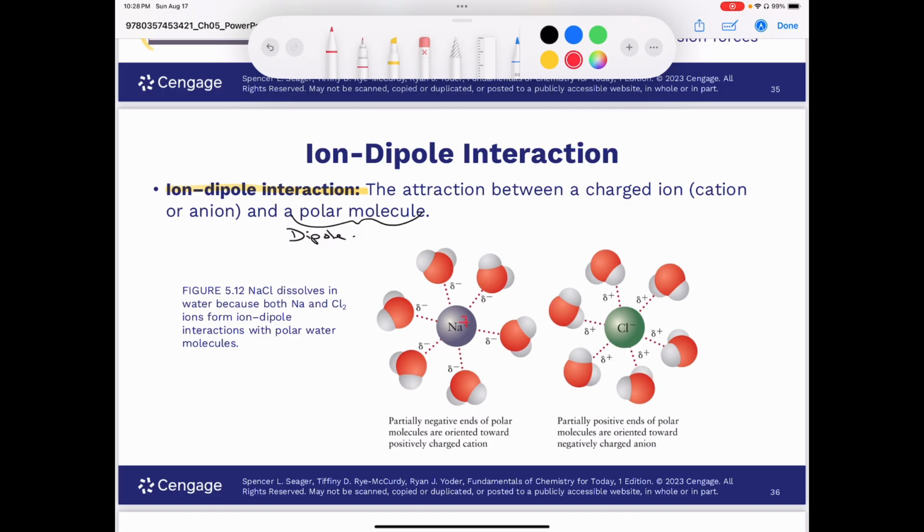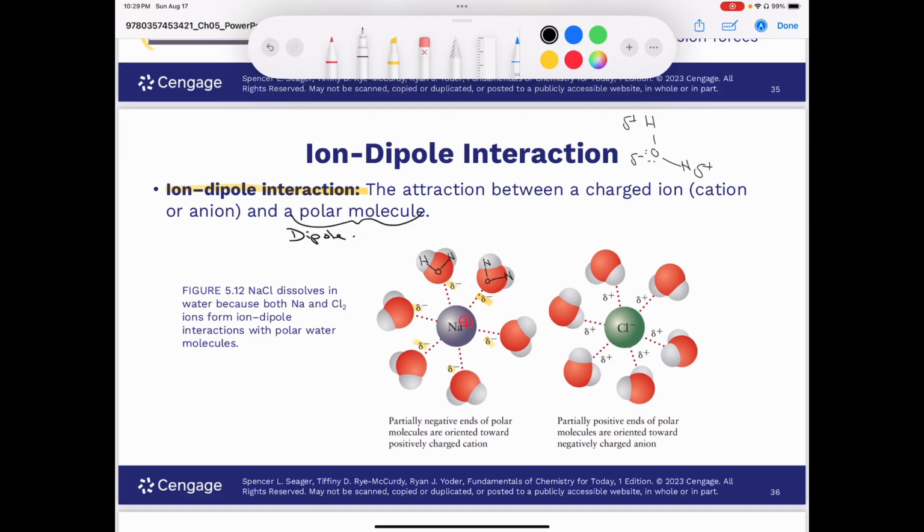So first you see the positive charge of sodium can align with all of the delta negatives on the oxygens in water. So these sphere diagrams here are supposed to be water molecules, right? And you remember in water, if I draw a water molecule bent like this, the oxygen is delta negative, but the hydrogens are delta positive.